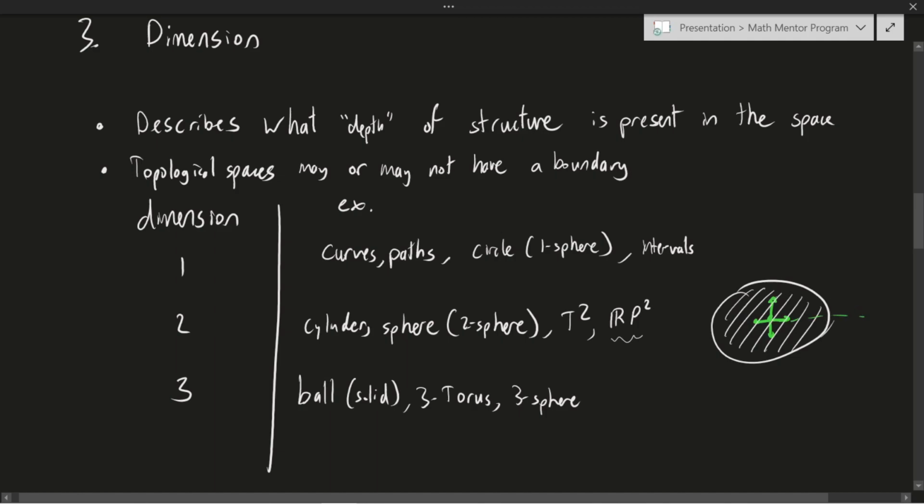Obviously, I can't extend this too far or else I'd be going off my topological space, but at least locally, this is the right idea. Actually, this particular construction of assigning a mini coordinate axis to every point is exactly what describes dimension in the general case.